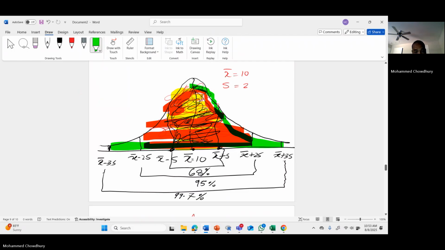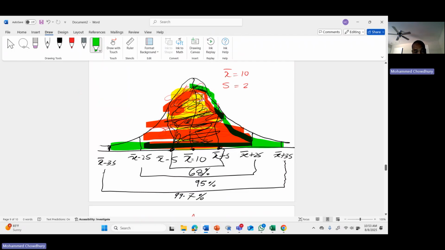Within one standard deviation from the mean, there is no useful information. But within all other standard deviations from the mean, 1 minus 1 over k square of the data fall.